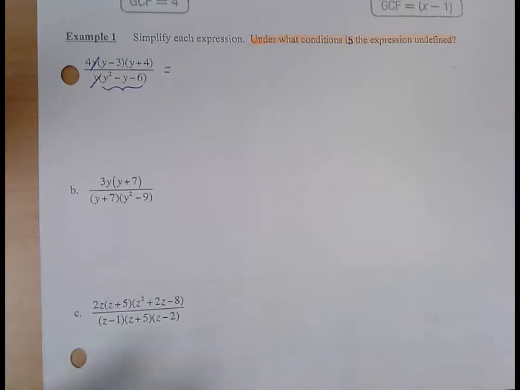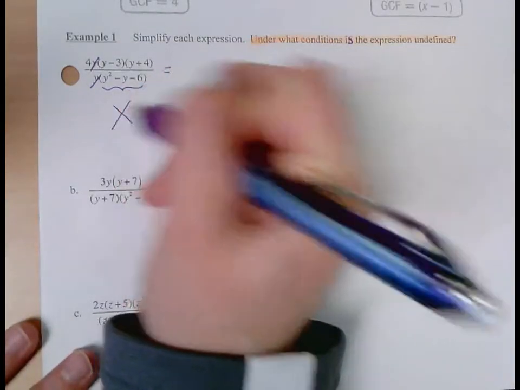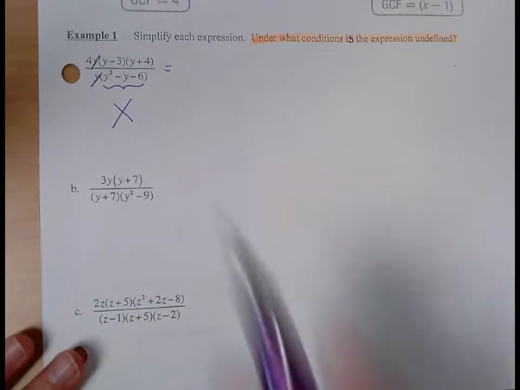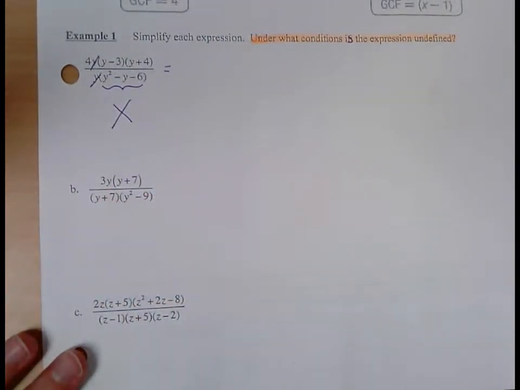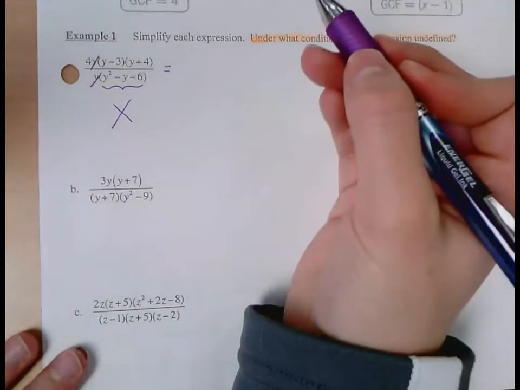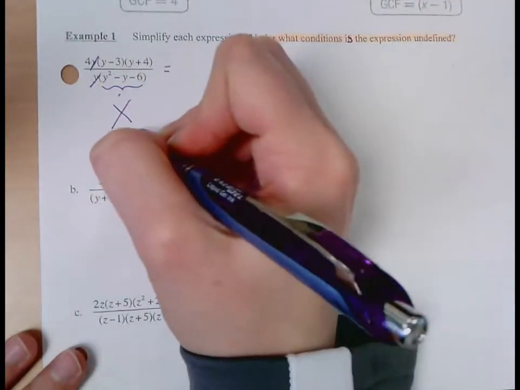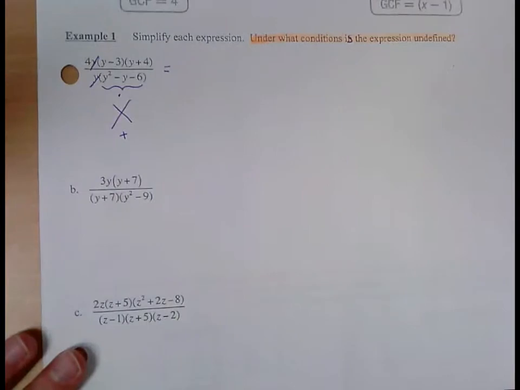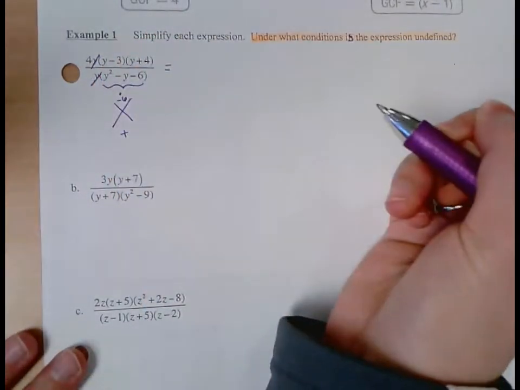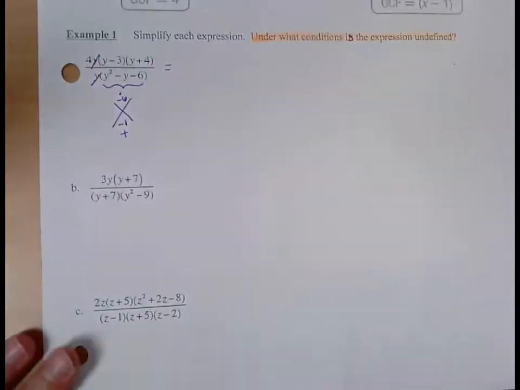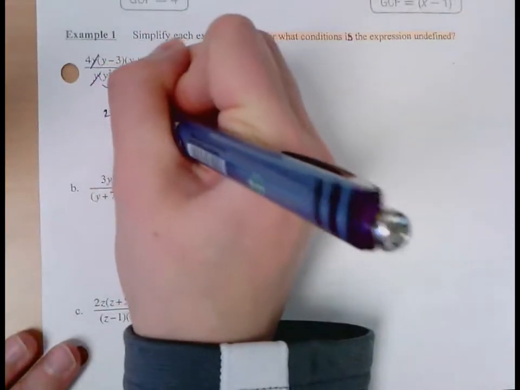To see if we can factor it, we could set up a diamond problem. What would we be multiplying to? We'd multiply to negative 6 and add to negative 1. Are there two numbers that work? Yep, 2 and negative 3.